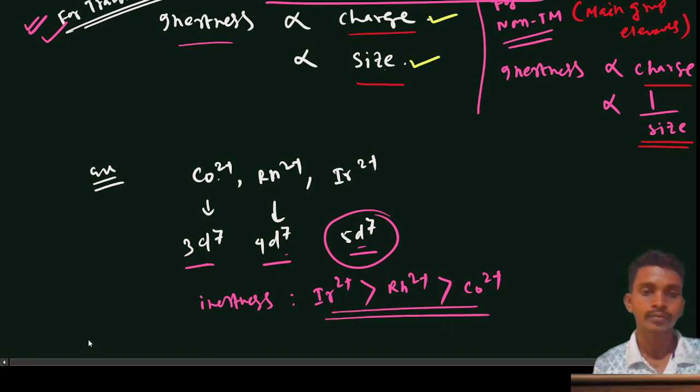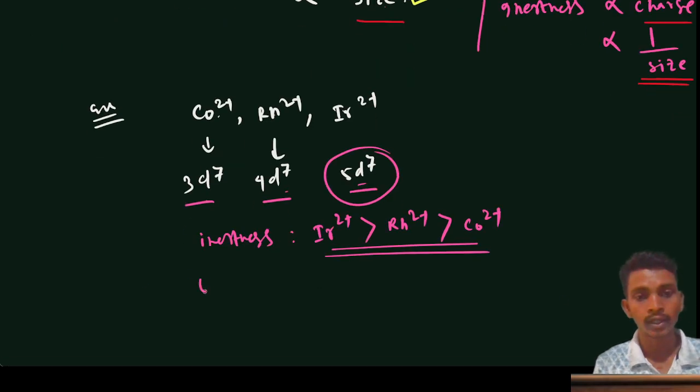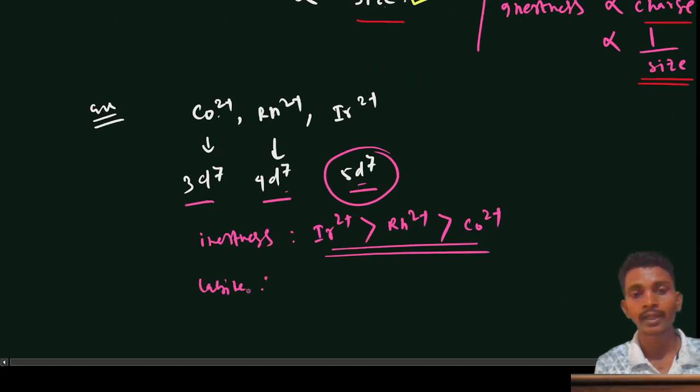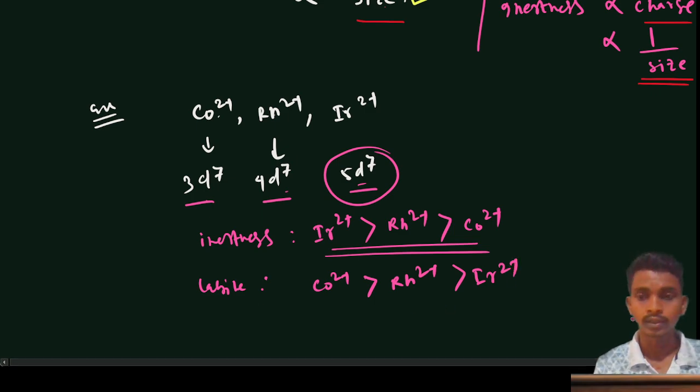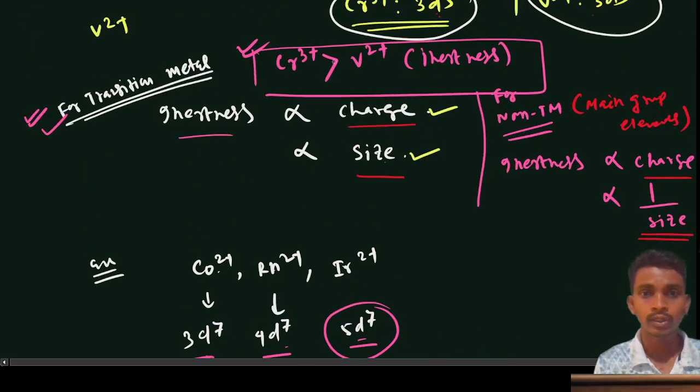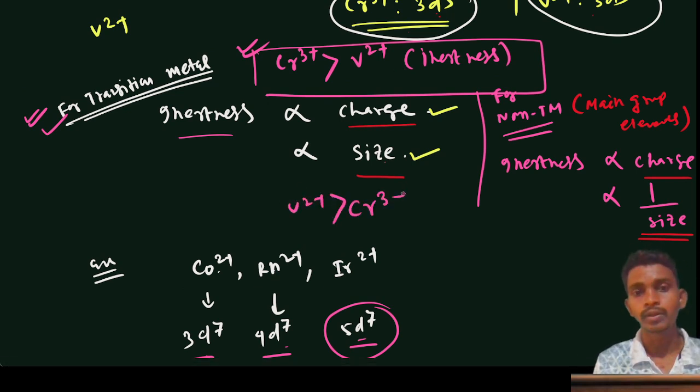This will be the order of inertness. And if you ask about lability, labile is just the opposite of inertness, so that will be cobalt 2 plus, then this 2 plus, then this 2 plus. And for labile compounds, vanadium 2 plus will be higher, then chromium 3 plus.